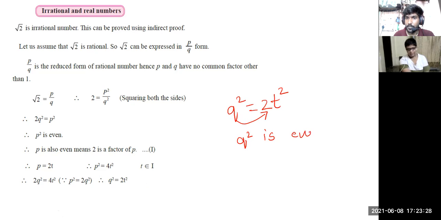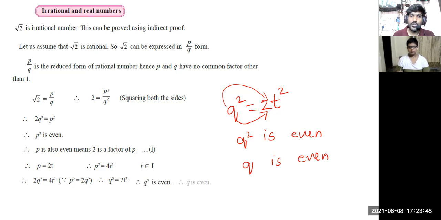Even number. Okay, since q square is a multiple of 2, q square will be an even number. Now, since q square is even, what about q? Will it be odd? No, q will also be even. So q square is even and hence q is even.